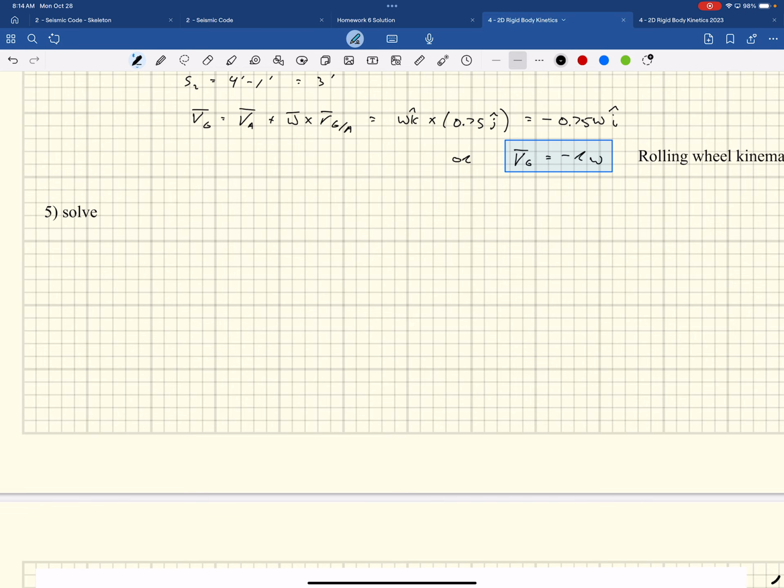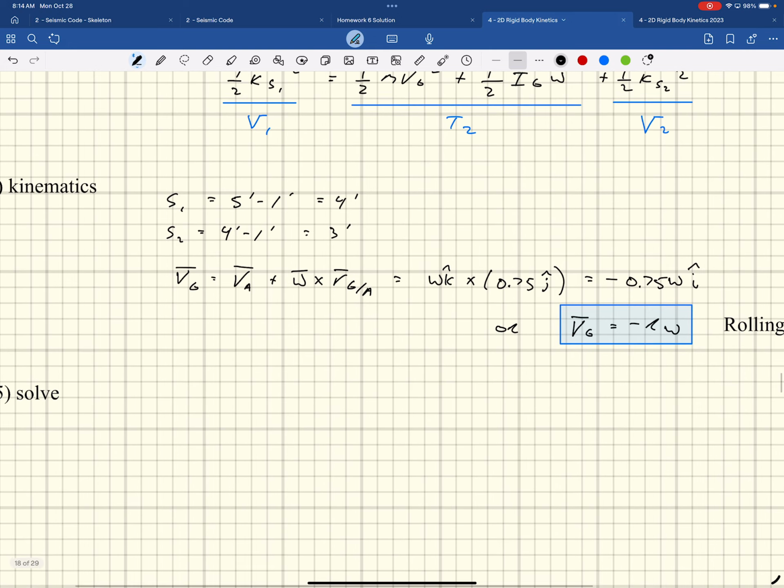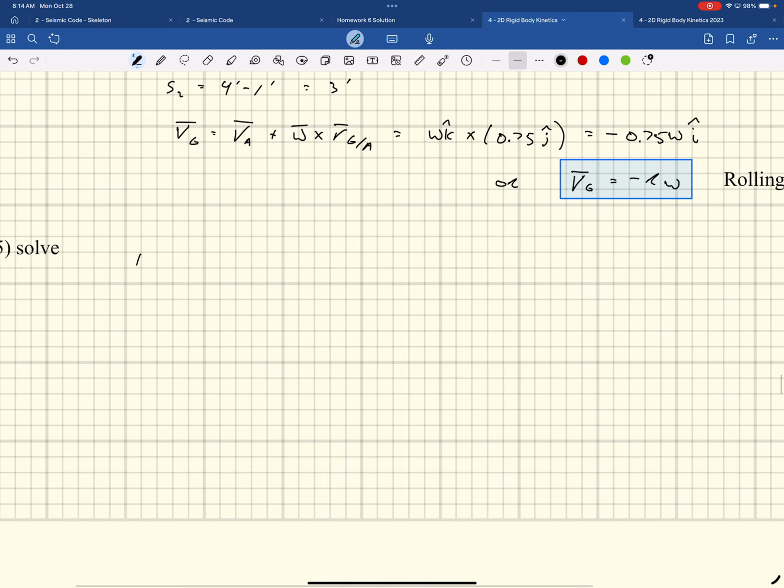So then let's plug all of our variables into that equation above. 1/2, our k is 2, our stretch is 4, squared, is equal to 1/2 times, again, really careful with your masses, it's 30 pounds, so we have to put it into mass, so you divide by gravity, times vG squared.